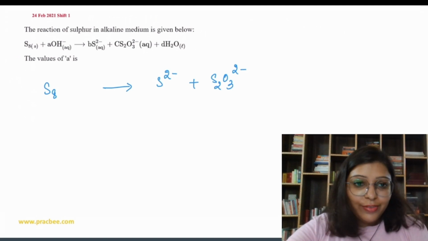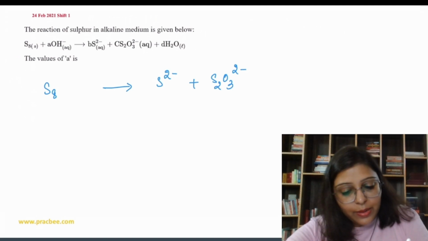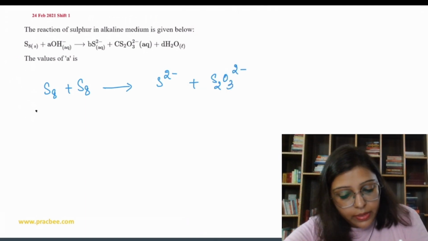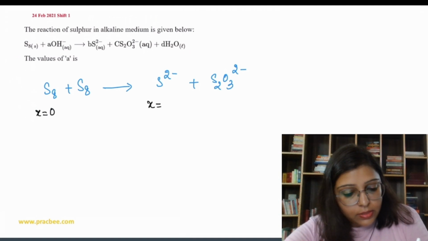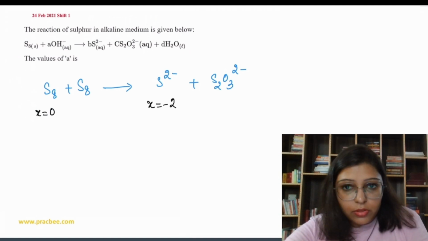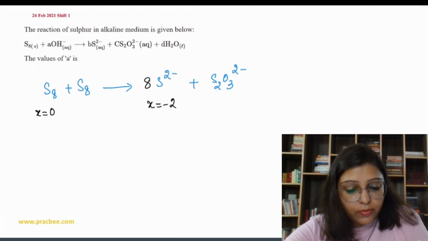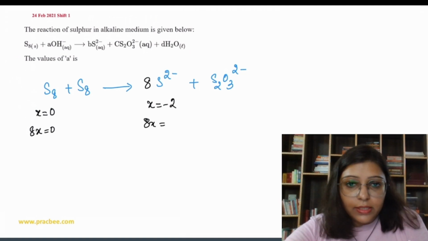So this is a kind of disproportionation reaction. So I'm going to write one more time S8. Okay. So here x is equal to 0, here x is equal to minus 2. This is the reduction process, but we have to do with respect to 8 sulfur atoms. So here we write 8. So 8x is equal to 0 and 8x is equal to minus 16.